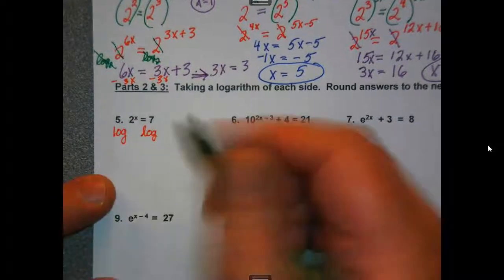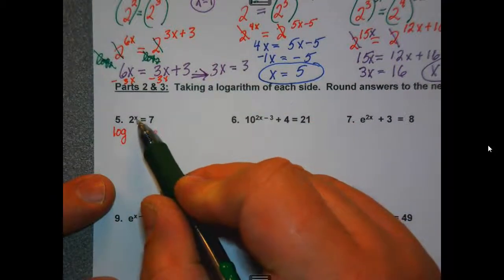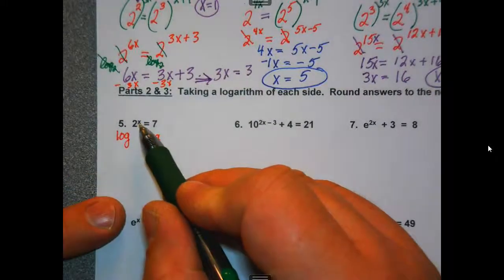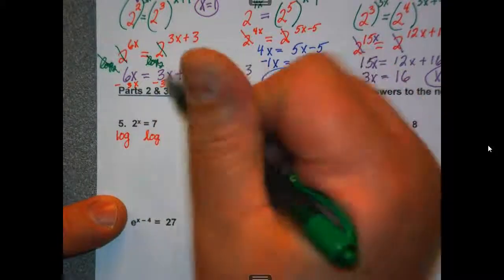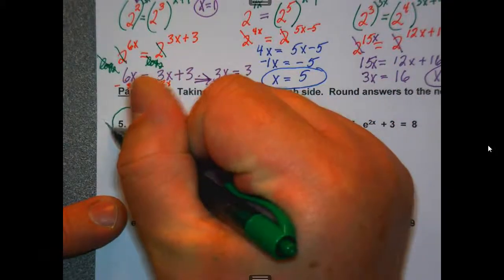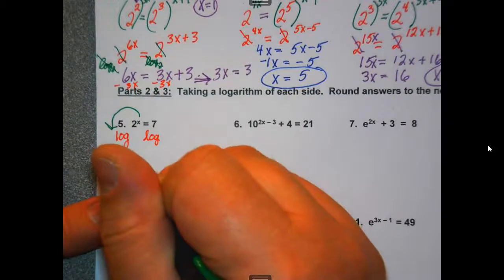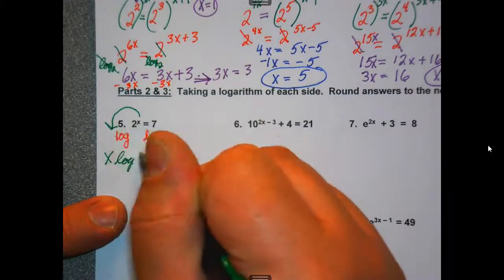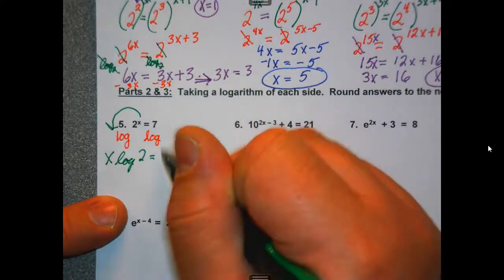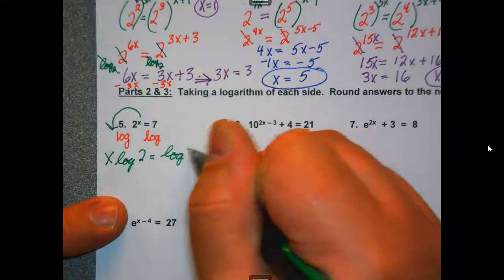What's that called? Exponent. What do I do with exponents if I want to expand them? Put it in the front. Okay. So I get x log of 2 equals log of 7.